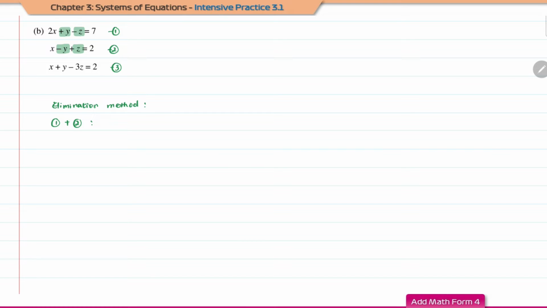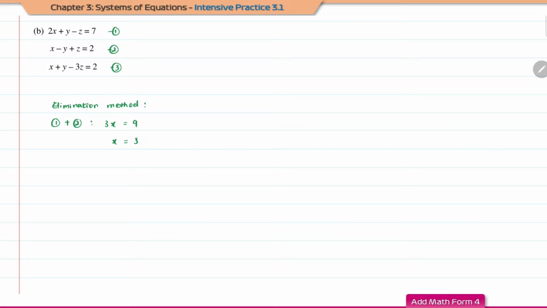So 2x plus x, you will have 3x, plus positive y with this negative y, it will equal 0. And then this negative z plus this positive z will be 0 as well. So therefore y and z will be eliminated. Next is 7 plus 2, you will have 9. So the x here is equal to 9 divided by 3, which is equal to 3.